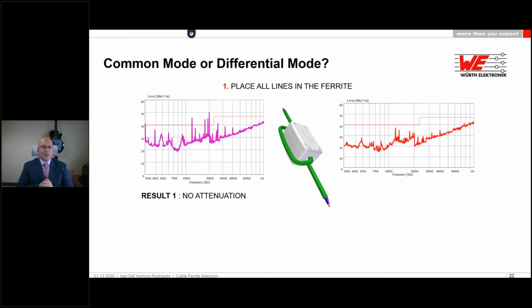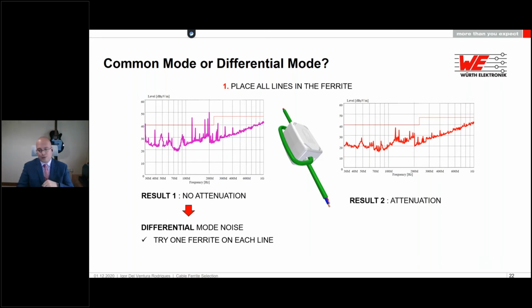And then if you don't measure any attenuation on your spectrum analyzer, it means that this will be a differential mode noise. So then you'll have to split this cable and try one ferrite on each line. Else, if you have attenuation, then you're good to go. You have common mode noise and your ferrite will work this way for you.